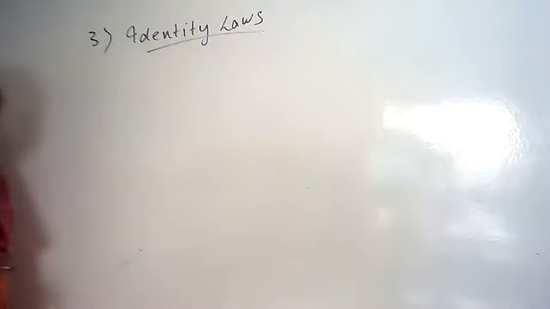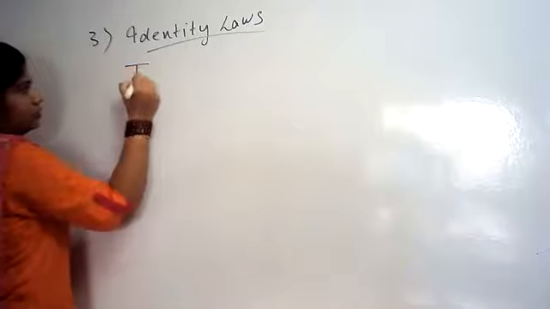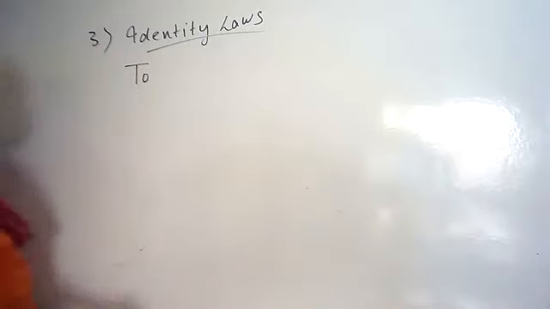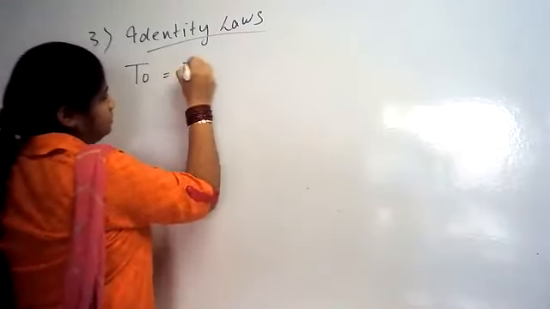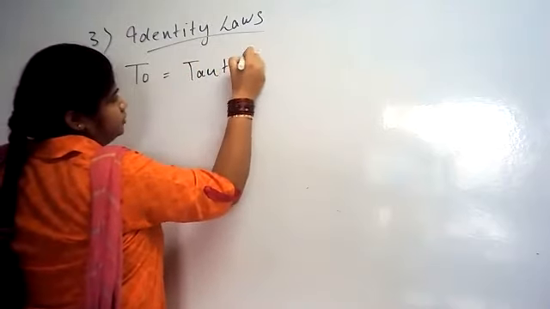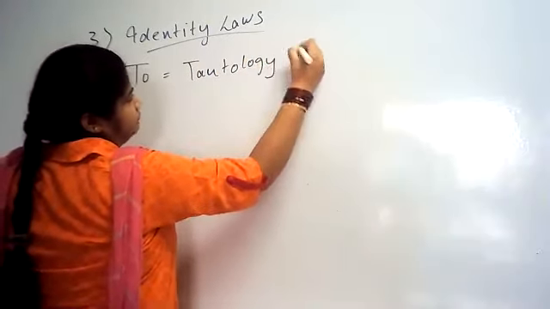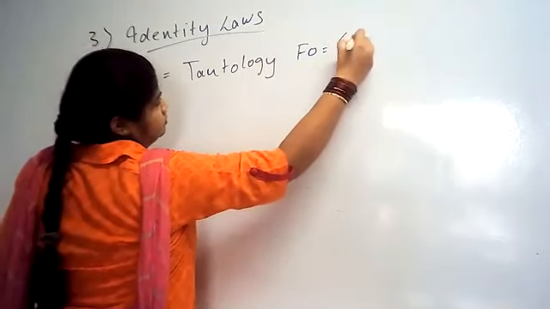Before going to identity law, here we have two terms, two letters. T0 means tautology, and F0 means contradiction.